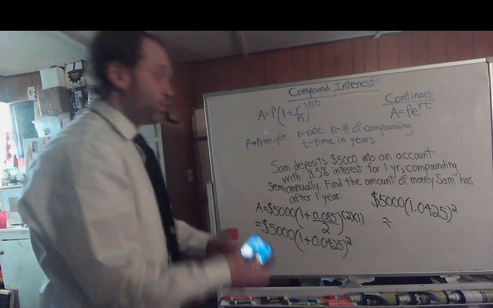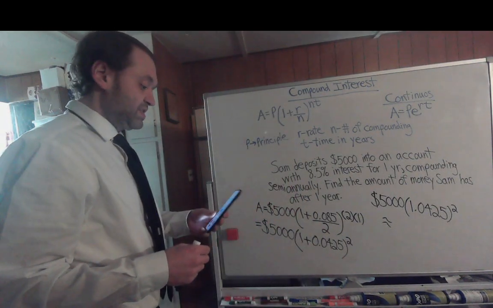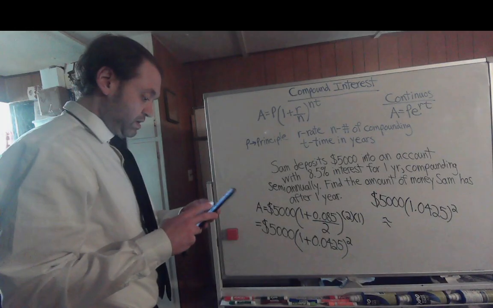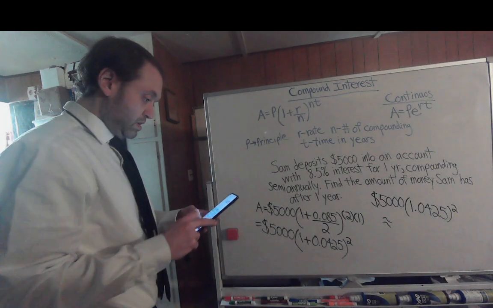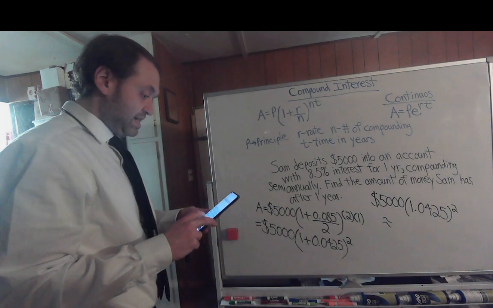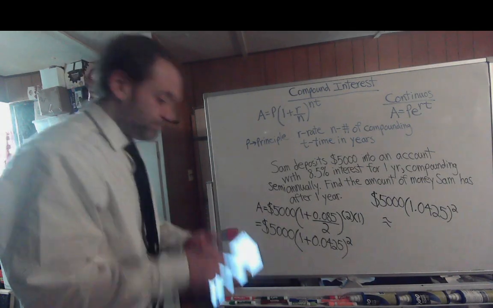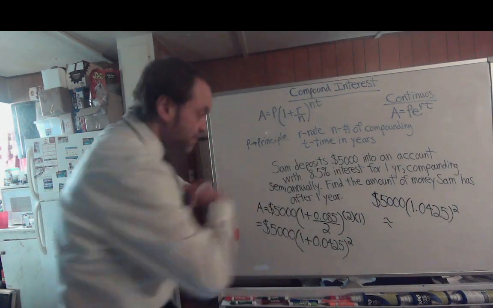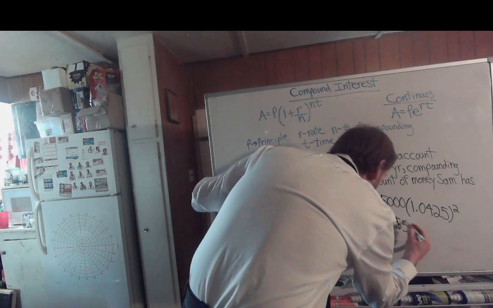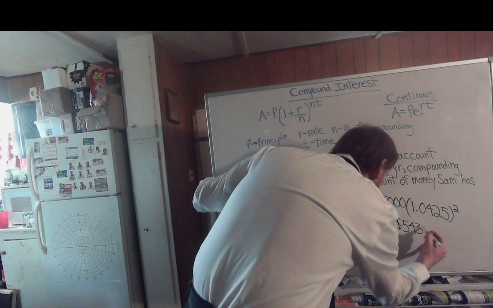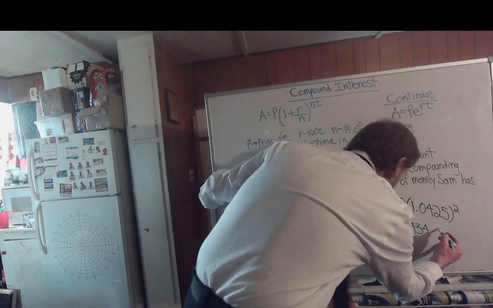So let's take that 1.0425 to the second power. And then we'll take that times 5,000. So he would have $5,434.03 roughly.